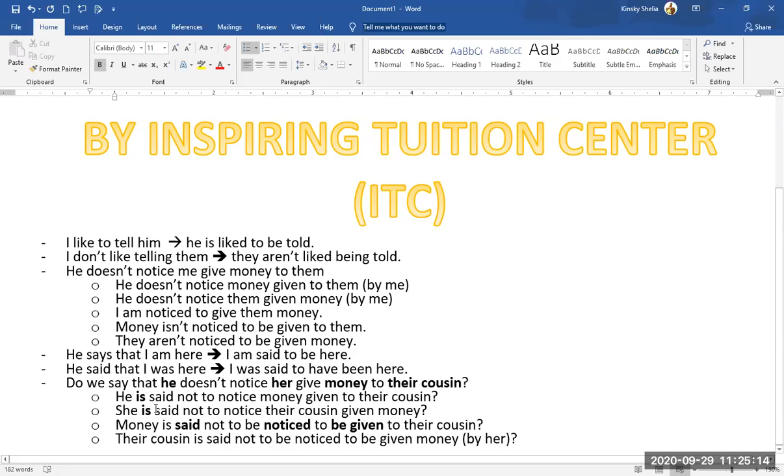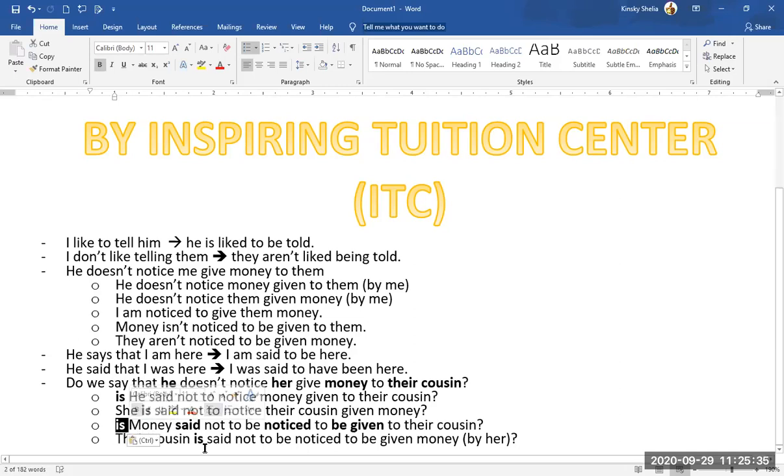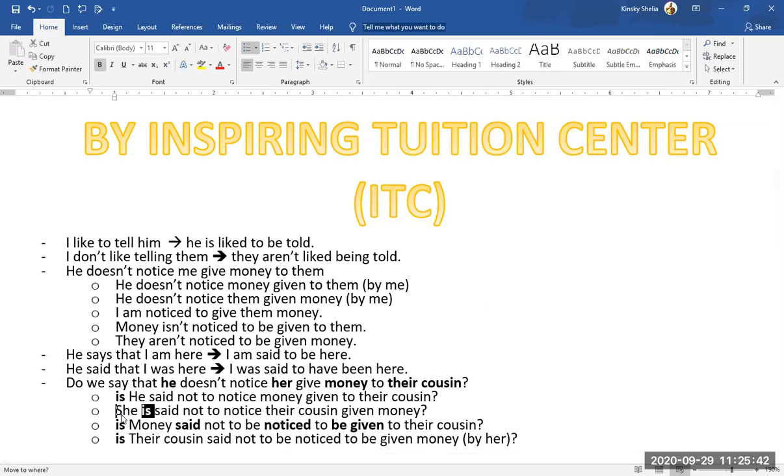So in this way, we have already changed it into the passive, and we need to change this into the interrogative one by putting the verb to the front as the subject. So we change it to become "is," and here is, also here is, and also "she is said" becomes "is."